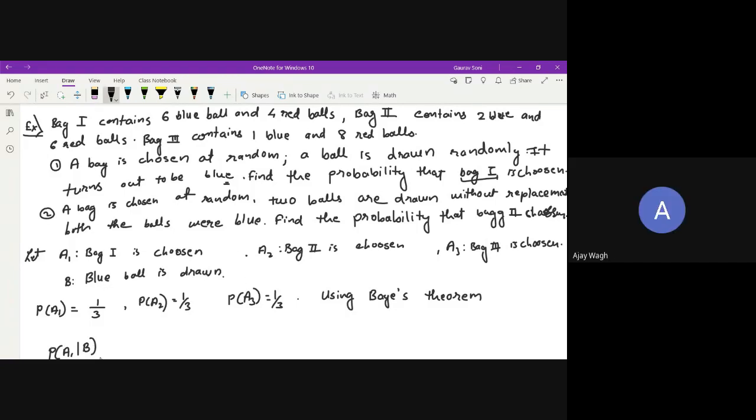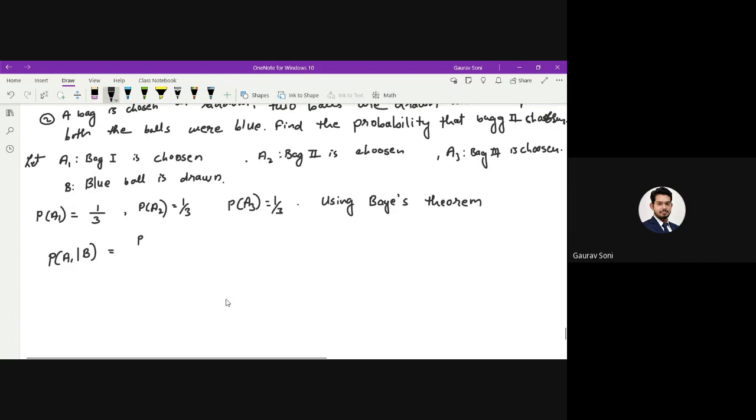So by Bayes' theorem, this is equal to the probability of the intersection of both in the numerator, which by the multiplication theorem is probability of A1 into probability of B when A1 has occurred, upon the denominator, which is the summation of all the intersections.